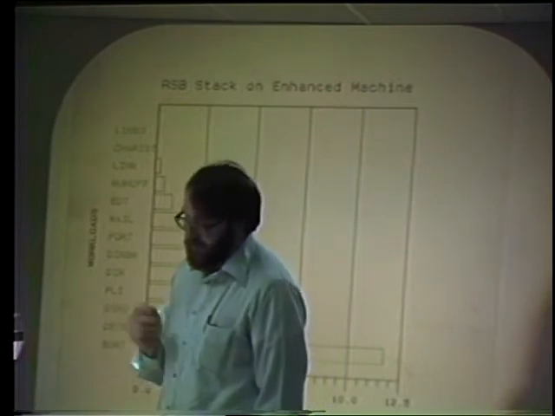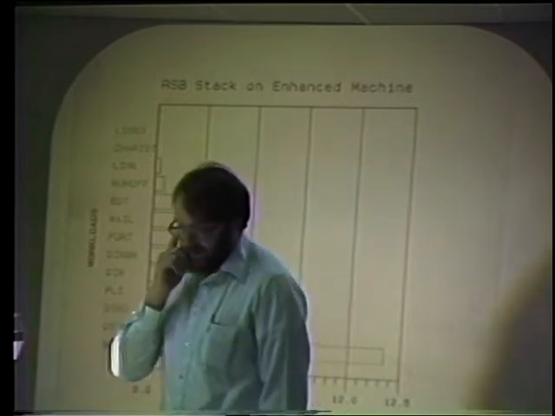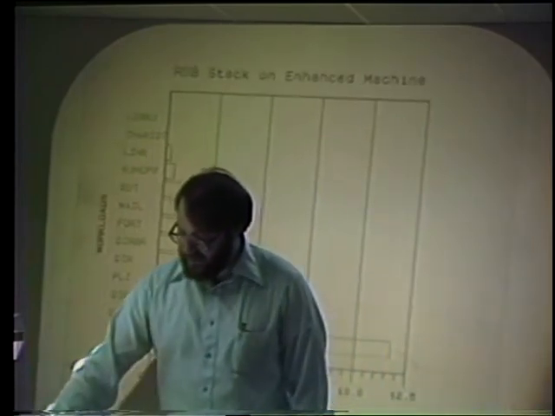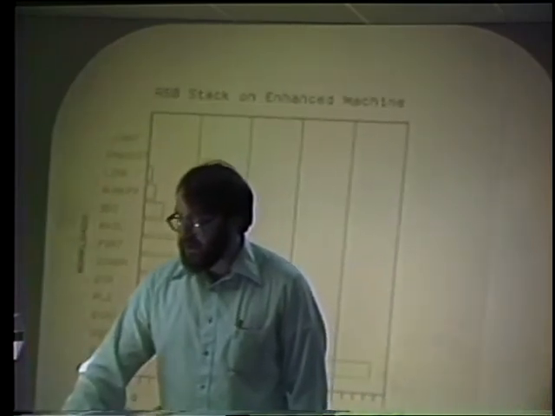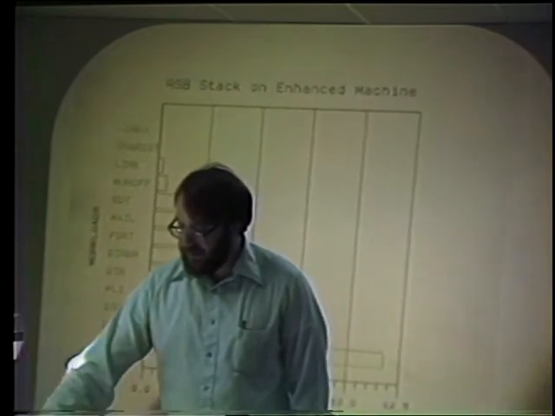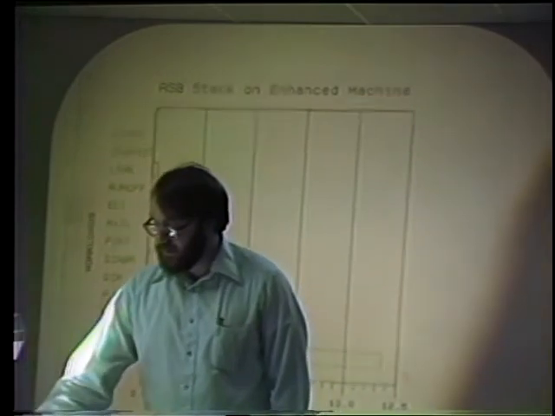Or rather, before you can use the stack pointer to fetch the return address for the RSB instruction. And so DEXIM and sort, DEXIM does that quite a bit, but it's apparently not as frequent as sort, and sort does it up the kazoo.